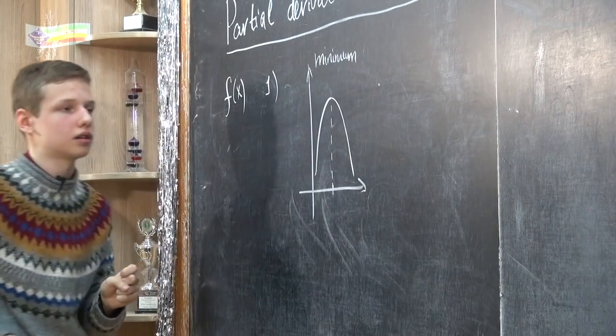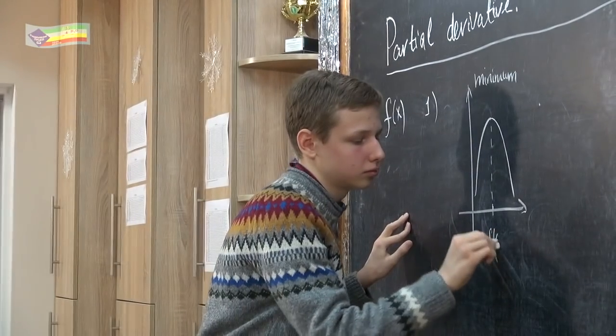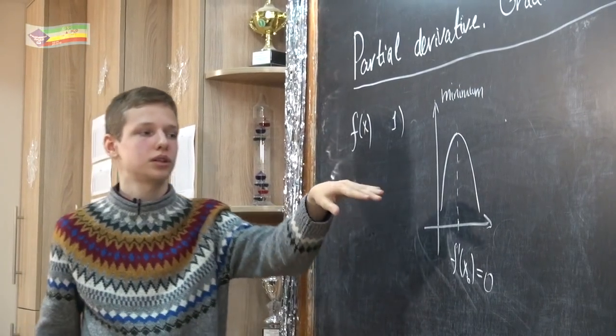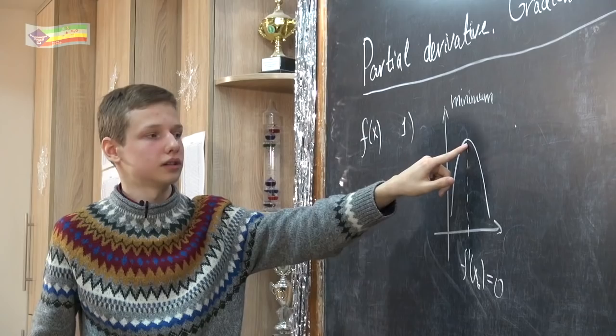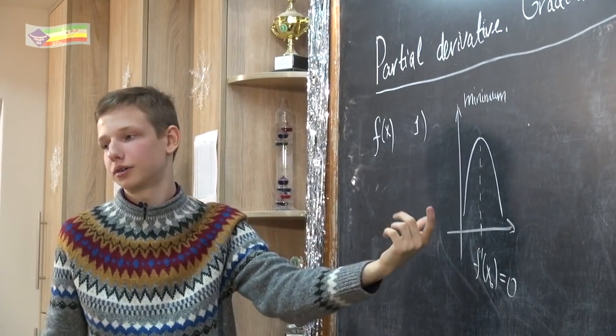Maximum behavior. That means that near a point where the derivative is equal to 0, there is a maximum, which means that this point is the largest value which you can see in this nearby region.